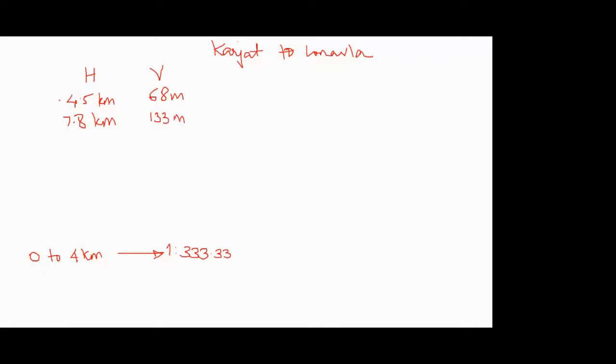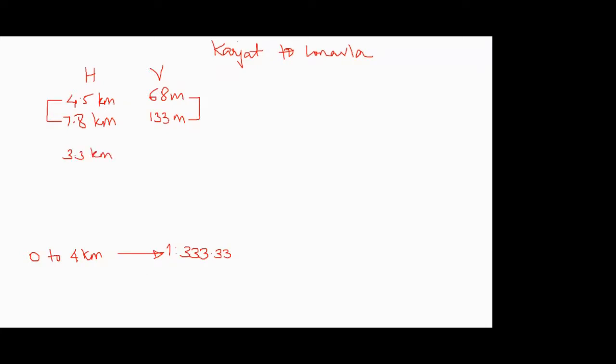So again, I have x1, x2 and y1, y2. I'll calculate the difference. 7.8 kilometer minus 4.5 comes out to be 3.3 kilometer.